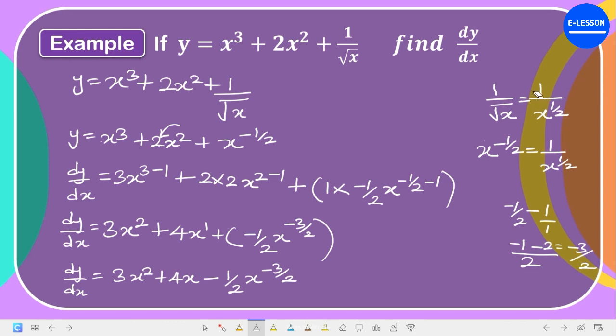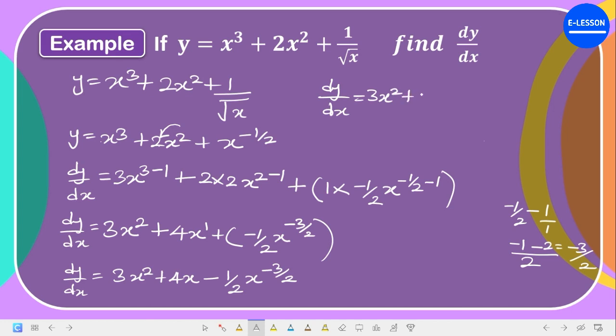Now we can decide to end here, or take just one more step to get our final answer. We can say that our dy/dx, writing other things as they are, is 3x squared plus 4x minus half. Now x raised to the power of minus 3 over 2 is the same thing as 1 all over x raised to the power of 3 over 2.